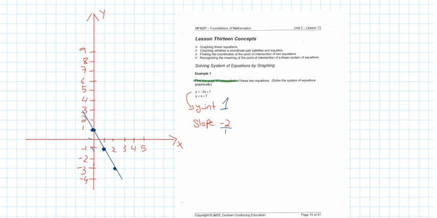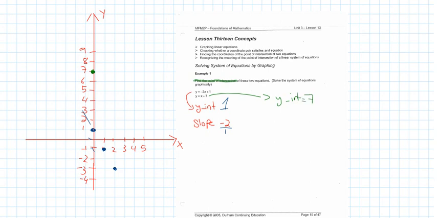Where's my y-intercept for the second equation? 7. And then what does the slope tell you for the second equation? What's the slope? 1.